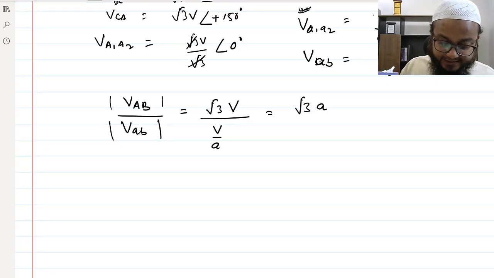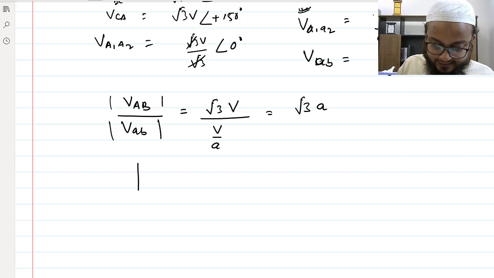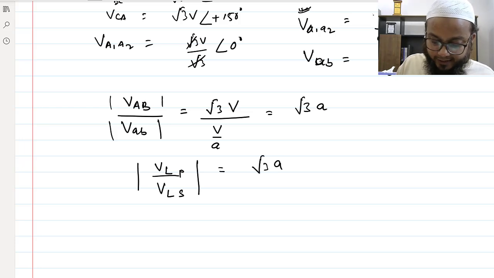So here in star delta connected circuit, what you can see is the transformation ratio of the line voltage of the primary upon line voltage at the secondary side is root 3A.